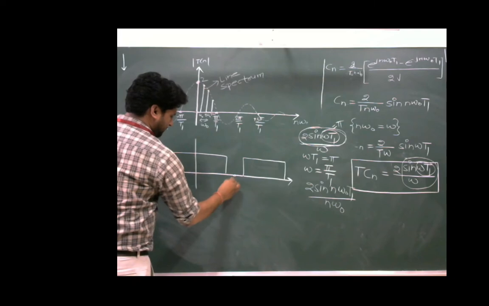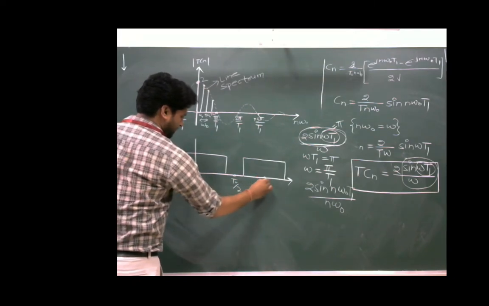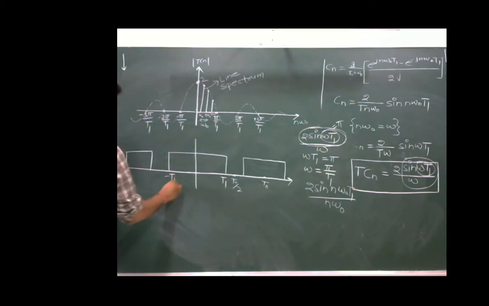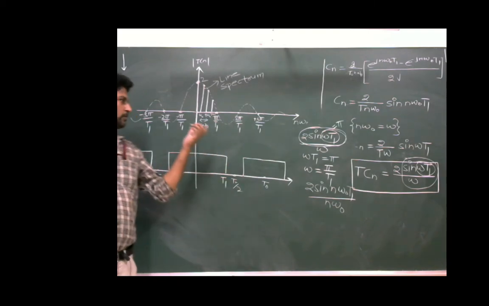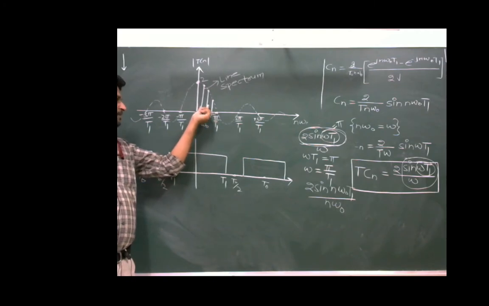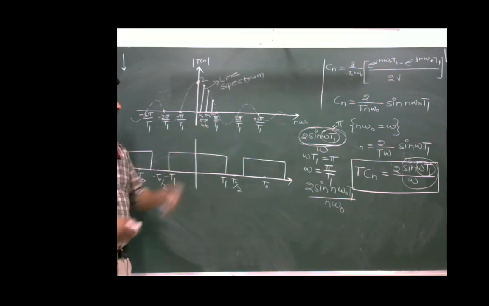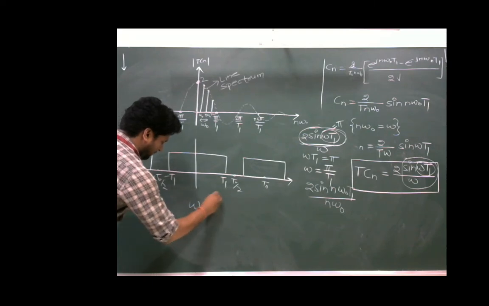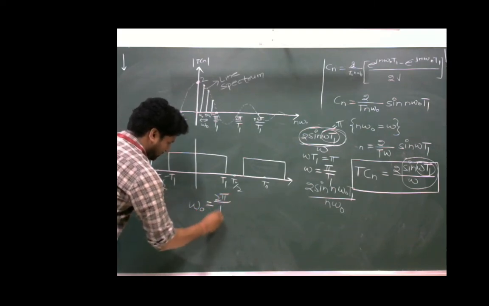Here is T naught by 2, here is T naught, and here is T1, minus T naught by 2, and here is minus T naught. Look here, the separation between two lines in the line spectrum of Cn is omega naught. Omega naught is equal to 2 pi by T naught.